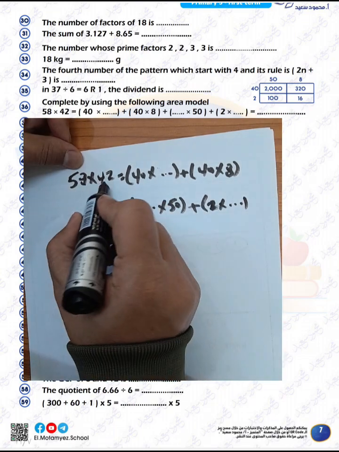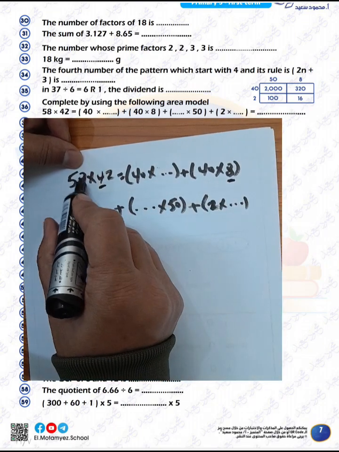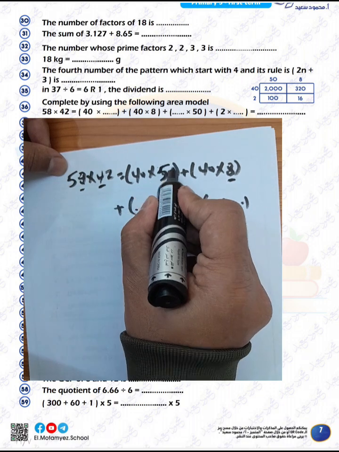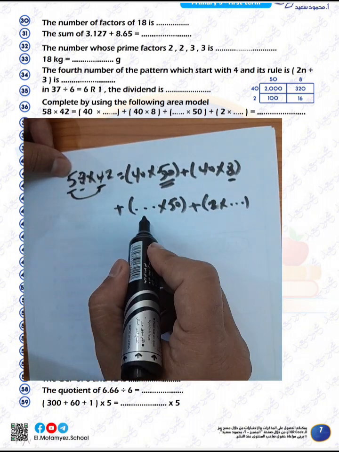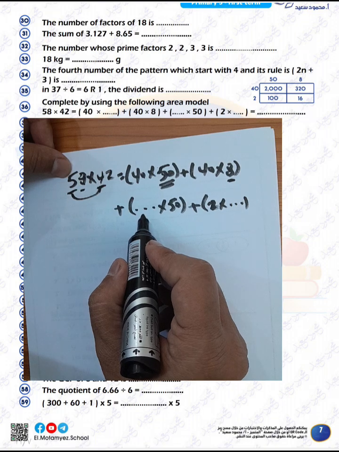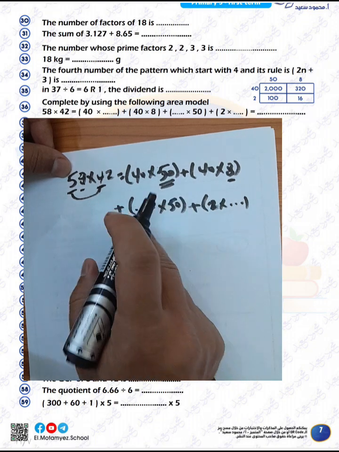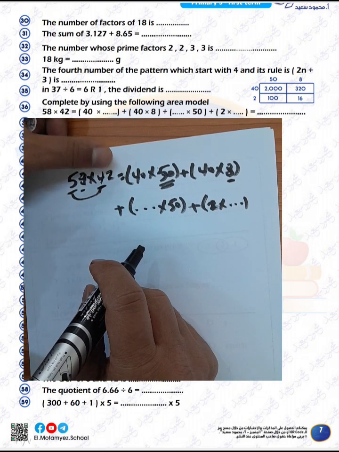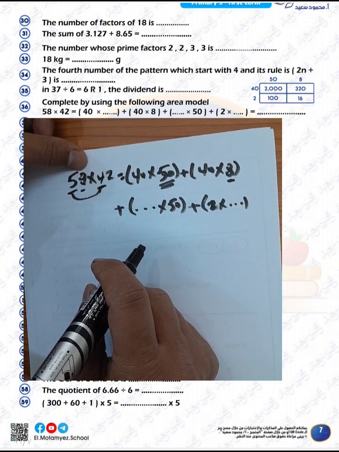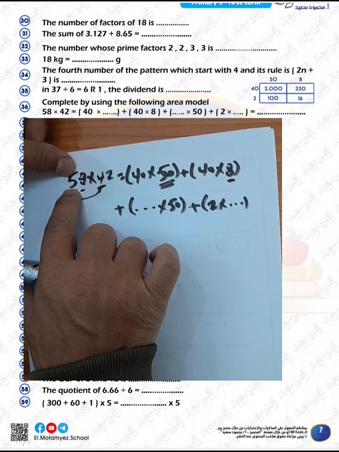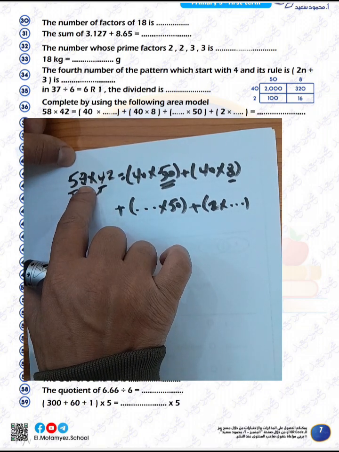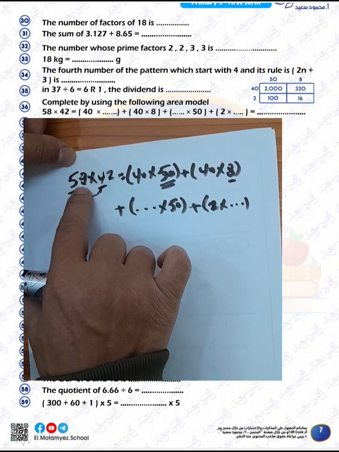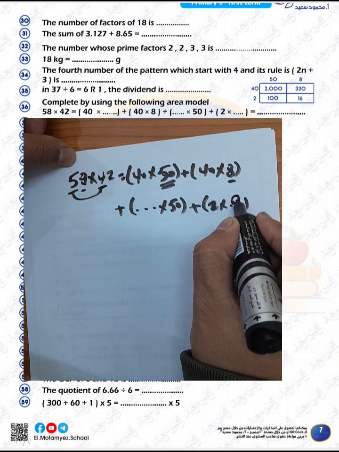Here 40 times 8 and 40 times 50 and 50 times 40. Okay, 50 times 40 and 2 times this number. Then we have 40 times 50, 40 times 8, and then 2 times 50 and 2 times 8.